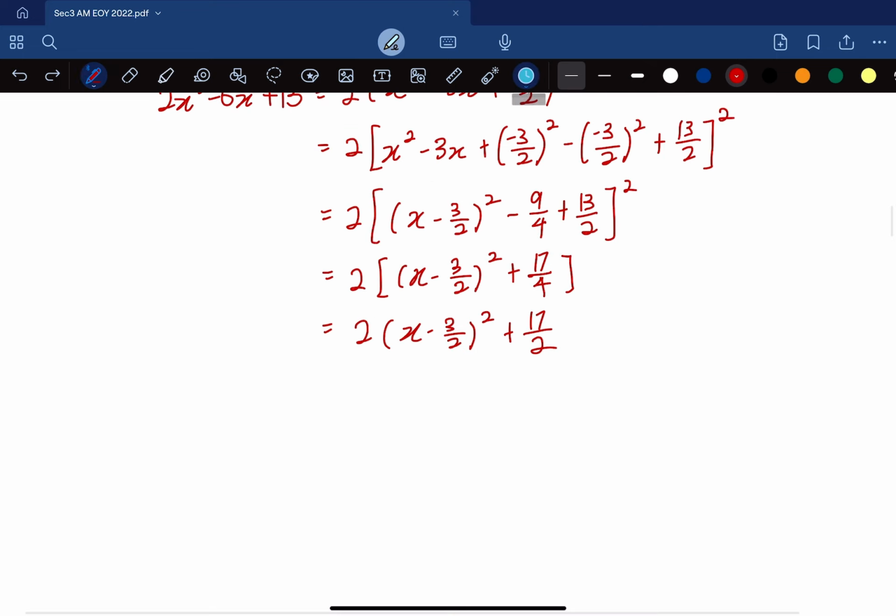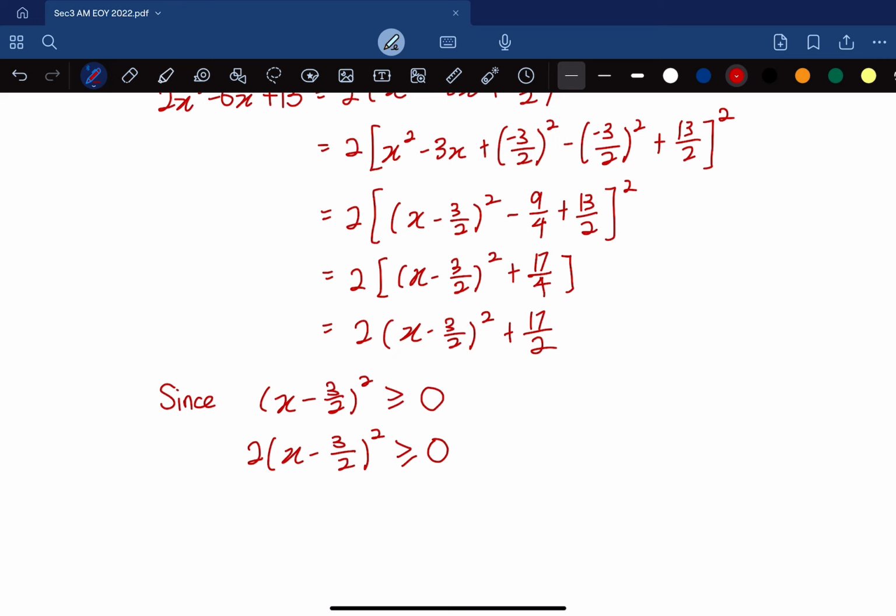So let's start by what we know first. Since (x minus 3/2) squared is always greater than or equal to 0, if I multiply a 2 to both sides of this inequality, 2 times (x minus 3/2) the whole thing squared is still greater than or equal to 0.